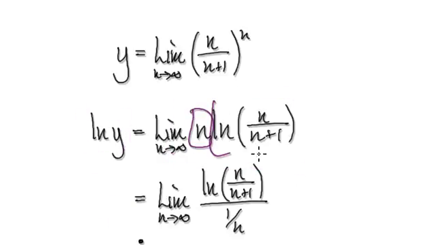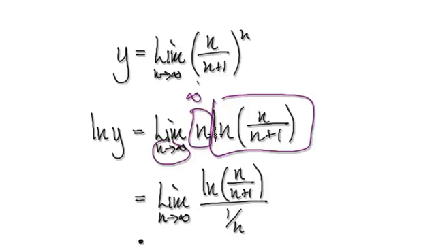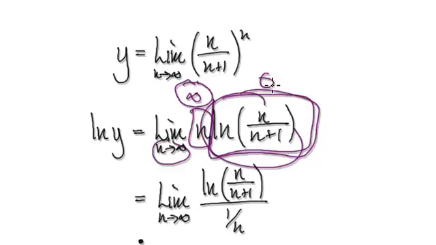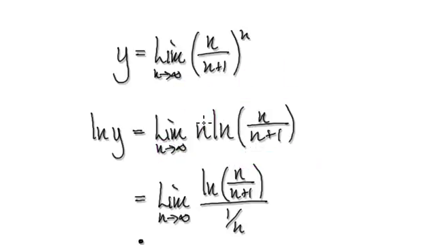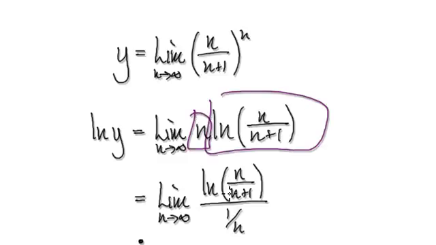Here you've got one block multiplying another block. I've done this before, so if you don't understand this, then track back to one of the early videos. As n heads towards infinity, this is infinity. The natural log of this thing here will be 0. So you've got infinity times 0, an indeterminate form. So you would use this trick that we've used in the past.